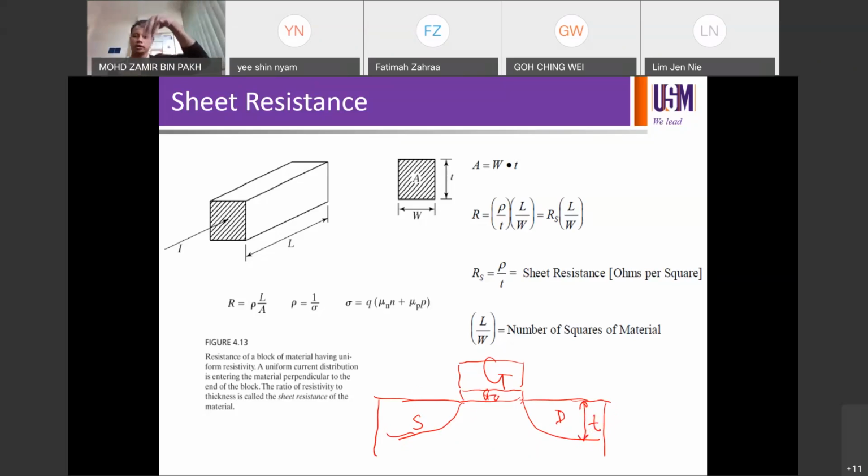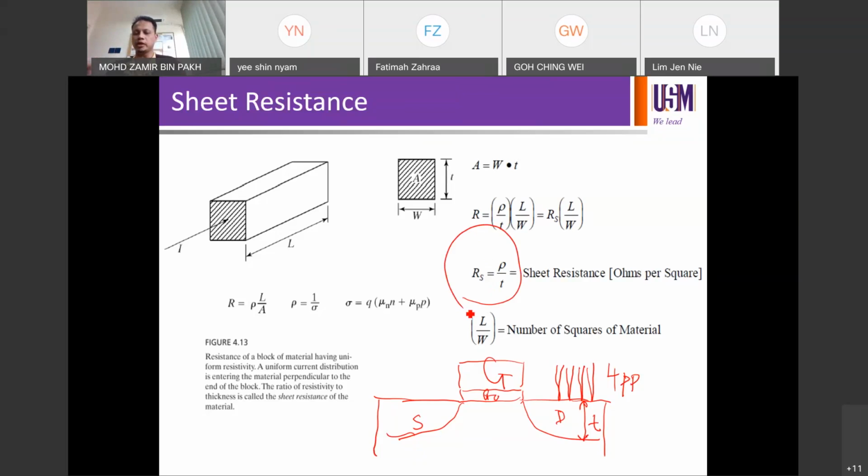So you measure with a 4-point probe. I put the 4 points on the channel now, assuming these are the needles, 1, 2, 3, 4, measured by the 4-point probe. So you measure, and then you're going to get the resistivity, right? The sheet resistance in this case can be calculated as resistivity over thickness.